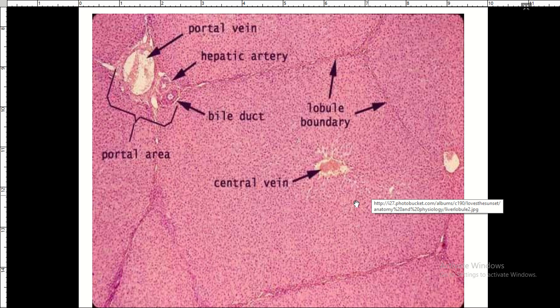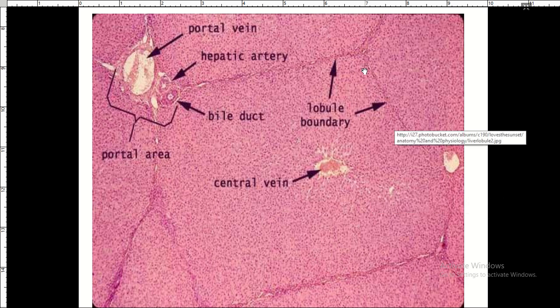So this is a good histologic slide. You can actually appreciate this hexagonal shape of the liver lobule, a central vein right here. You can actually see a portal triad here.